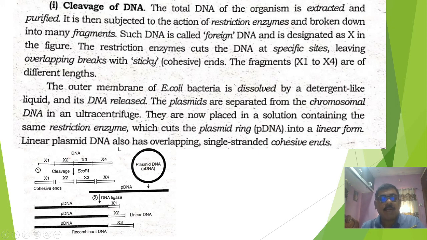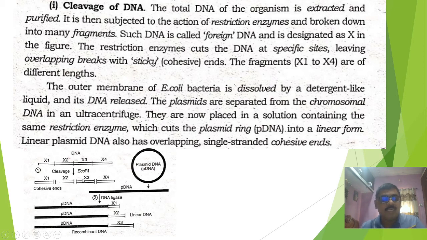These linear plasmid DNAs also have overlapping single-stranded cohesive ends. So this is a plasmid DNA, and this is the foreign DNA. We have cut both these DNAs with the same restriction endonuclease, EcoRI, so that EcoRI gives the cohesive or sticky ends.